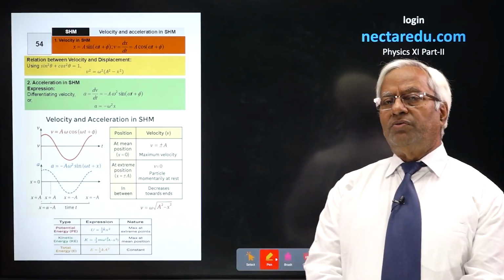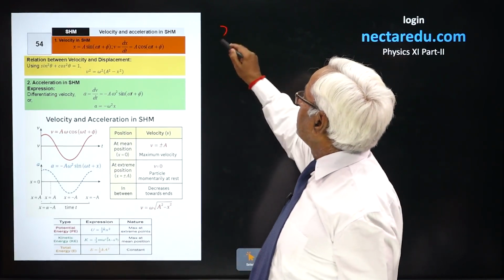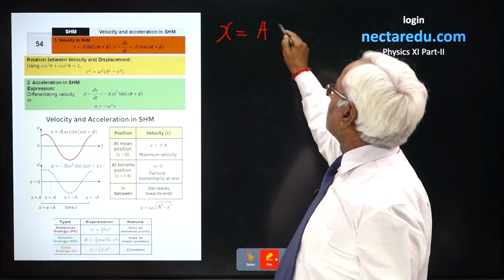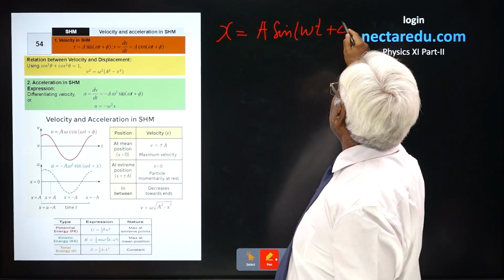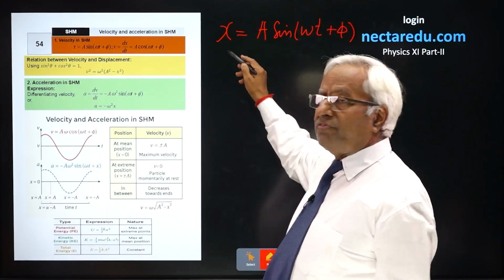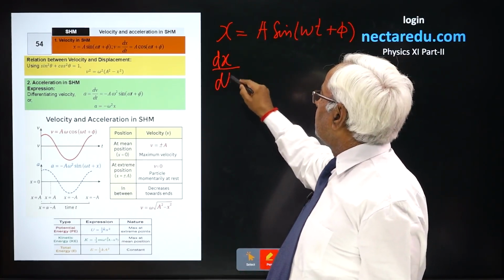Now we'll talk about the velocity and acceleration in simple harmonic motion. After knowing that displacement is given by the equation x = A sin(ωt + φ), if you differentiate it with respect to time, it's going to be dx/dt.